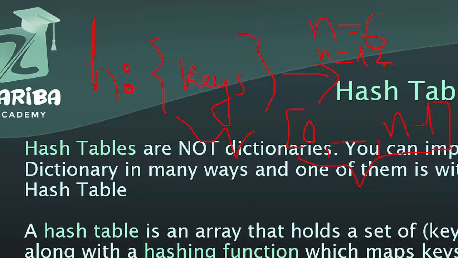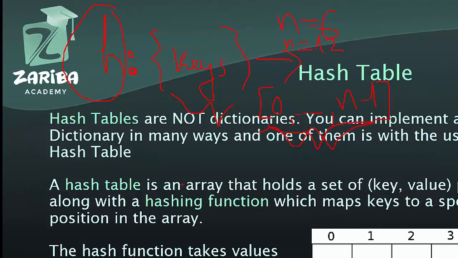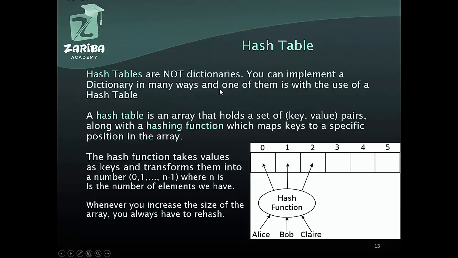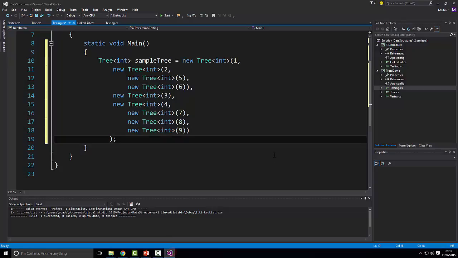And now we have to run the function once again, because this set is going to be different, so we need a different calculation for the indices of each element. Is that clear? Once we change the size, the function can be the same, but it can give us a very different value depending on that. So actually, let me go into C#, and I hope that it will be easier to understand.